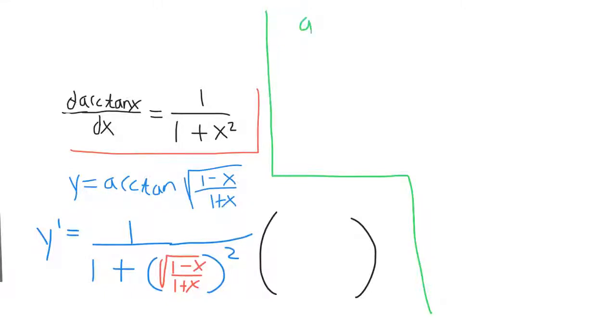All right, I'm just going to call it G. G is equal to this. So now what we want is the derivative of G. But here's the problem: we're going to have to do the chain rule to this thing. I know it's crazy, but we're actually going to have to do the chain rule to this thing.